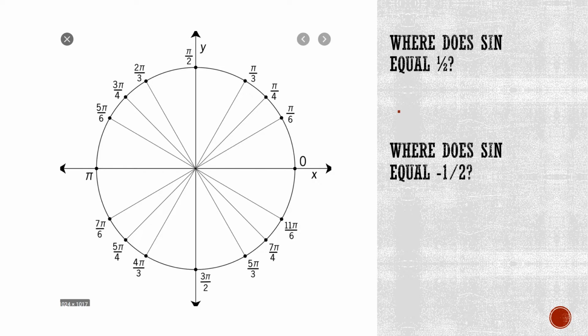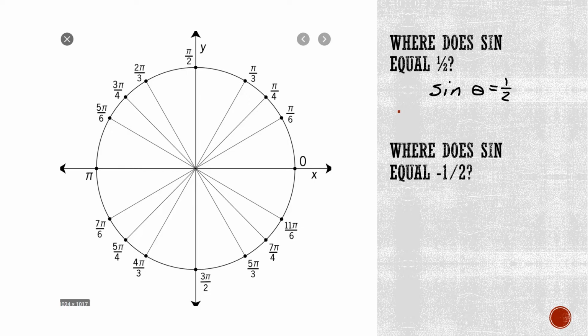All right, so I'm going to ask you two questions when we look at this circle. First of all, I want to know what angles have a sine value of 1/2. In other words, I want to know where is sine theta equal to positive 1/2.